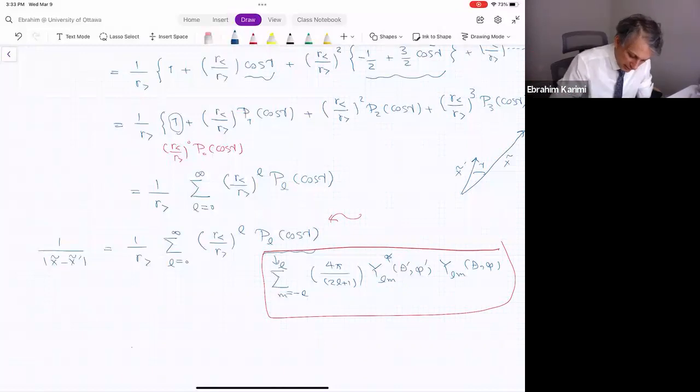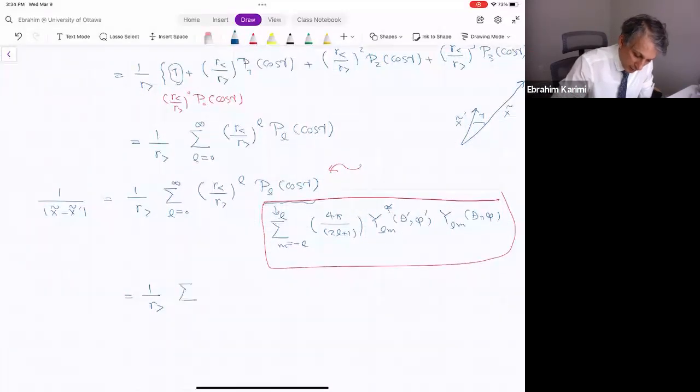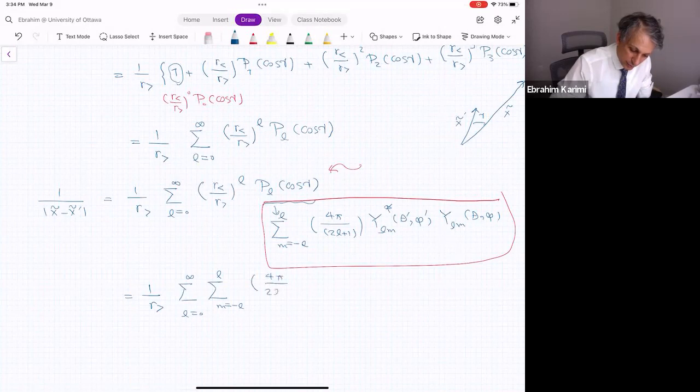So indeed, that is what we will get. It is 1 divided by r larger, summation of L from 0 to infinity, summation of m from minus L to L, then 4 pi divided by 2L plus 1, r smaller over r larger to the power of L, YLM star of theta prime and phi prime, YLM of theta and phi.